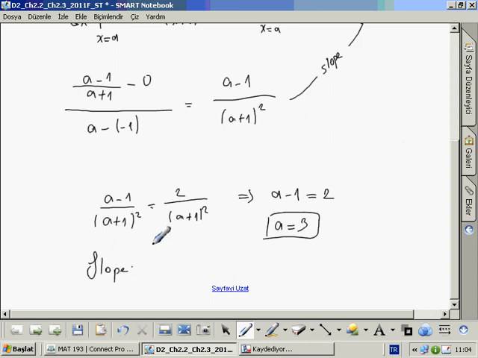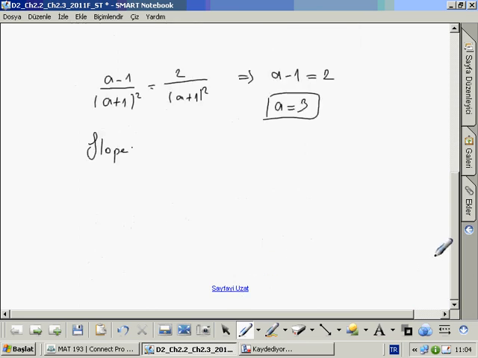The slope is 2 over (a plus 1) squared, a was 3, so 2 over (3 plus 1) squared, and it will be 1 over 8.